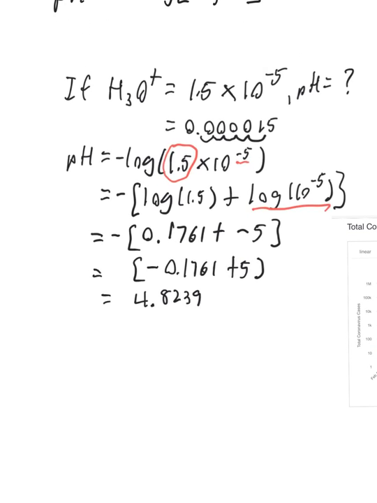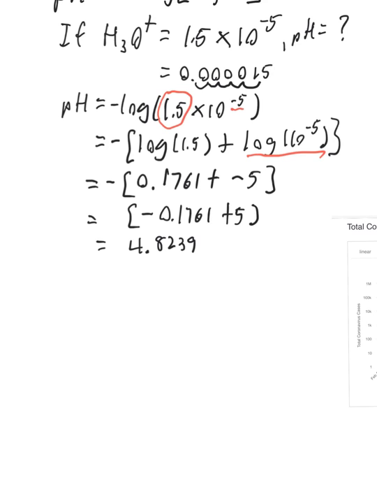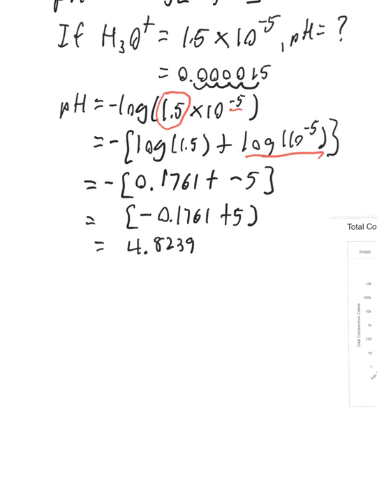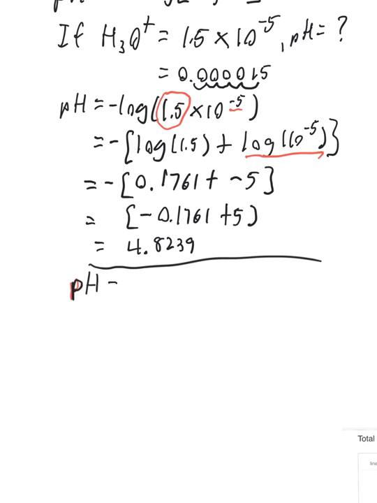You'll have some problems where you will be given the pH and need to find the hydronium concentration. So let's say the pH is 6.21. Now, pH is equal to this negative log of H3O plus. So let's find the H3O plus.